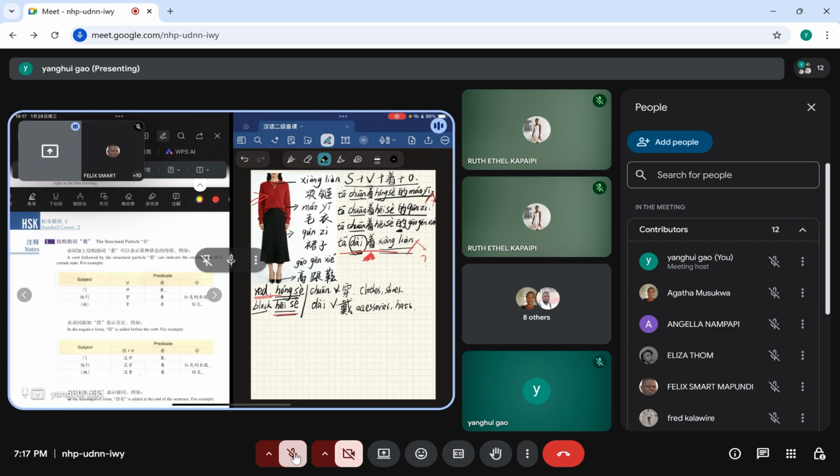And then we can say she is wearing a necklace. For the necklace, we use another verb, that's 戴. The 戴 is used for accessories or hats. So she's wearing a necklace, we say 她戴着项链.